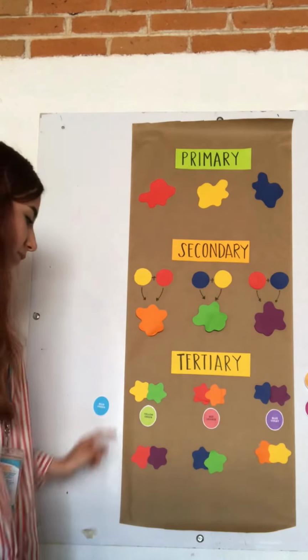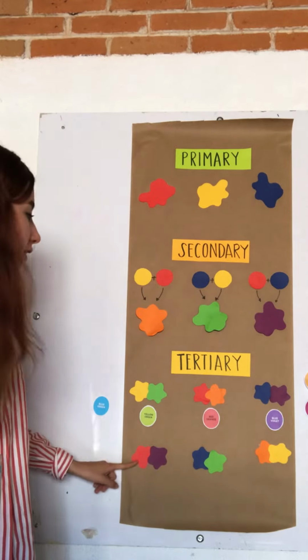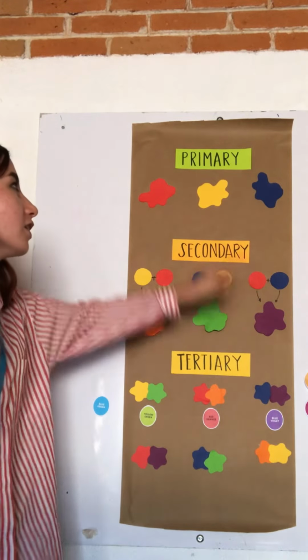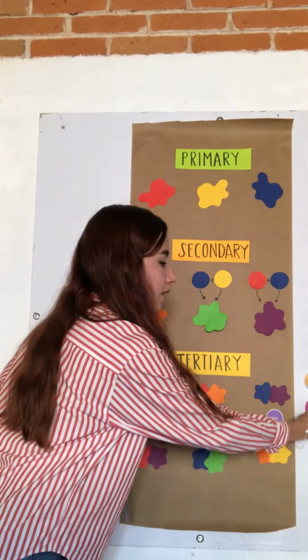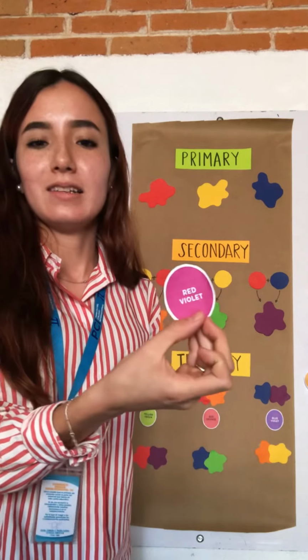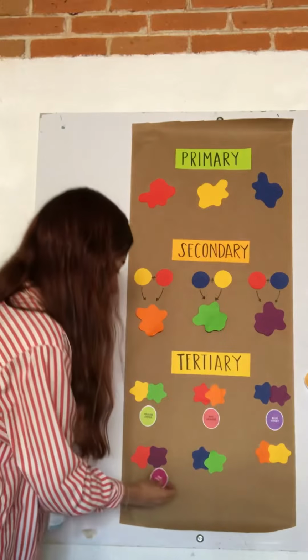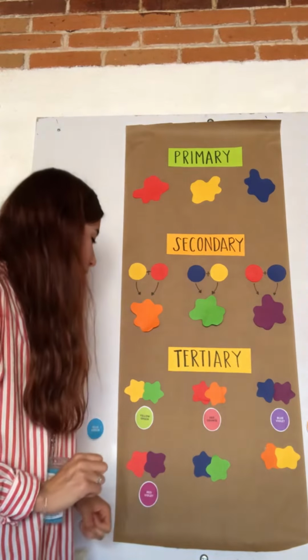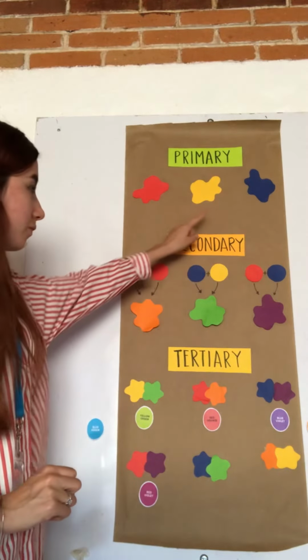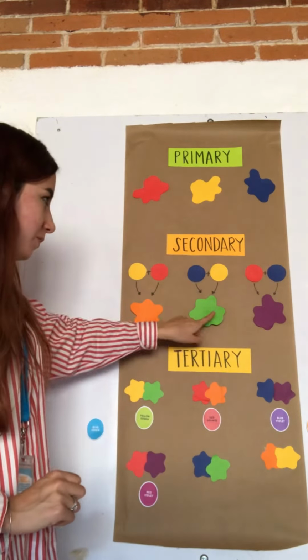Then we have purple and red. Again, a secondary color and a primary color. Which color do you think that we get? Red-violet. That's the next color. So we are going to place it down. For the last two colors, we have blue and we have green.